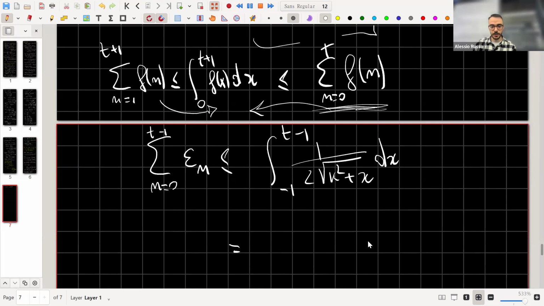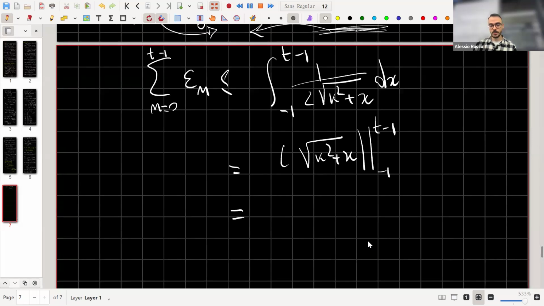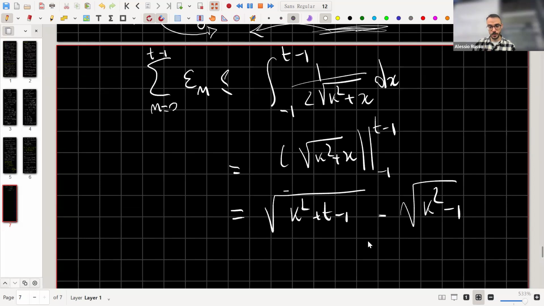So here it's simply the derivative of square root of k squared plus x evaluated between -1 and t minus 1. And so we obtain square root of k squared plus t minus 1 minus square root of k squared minus 1.